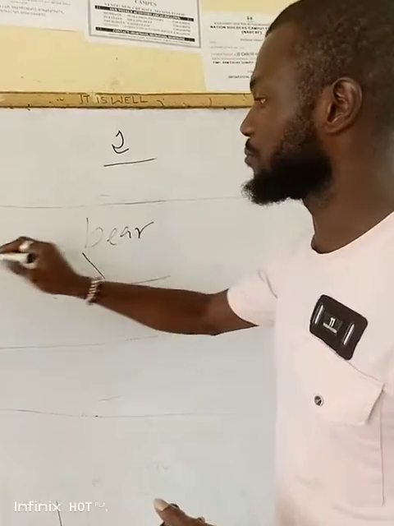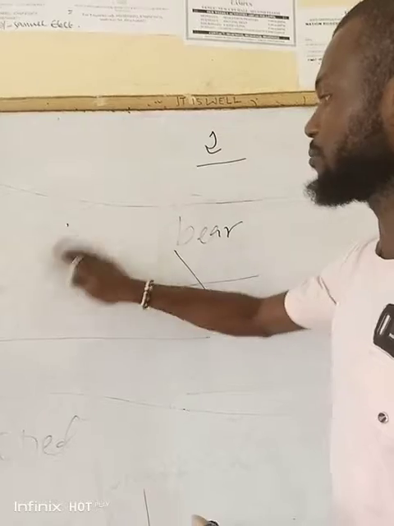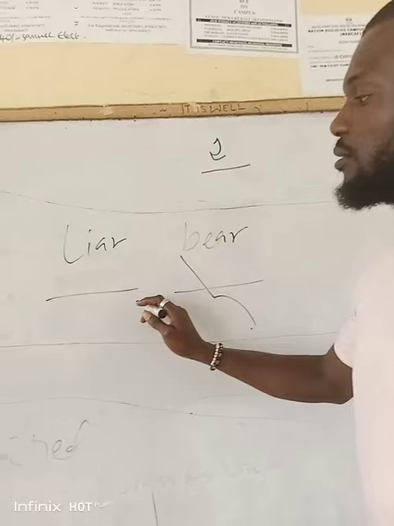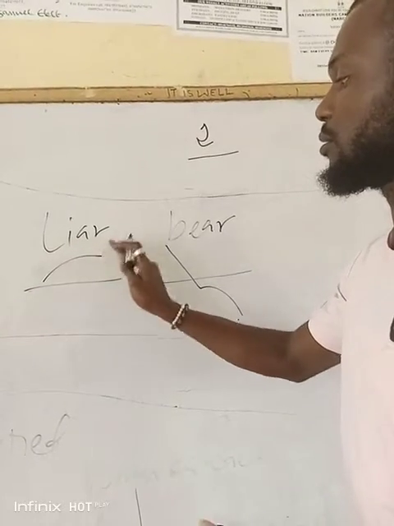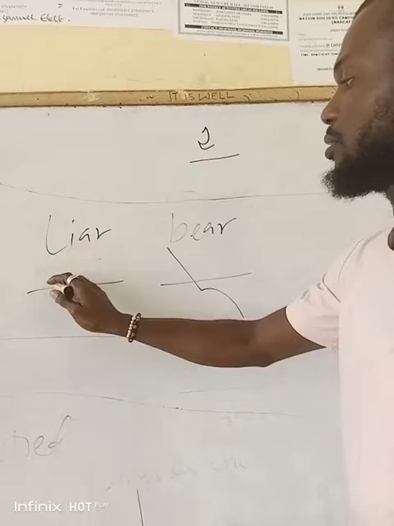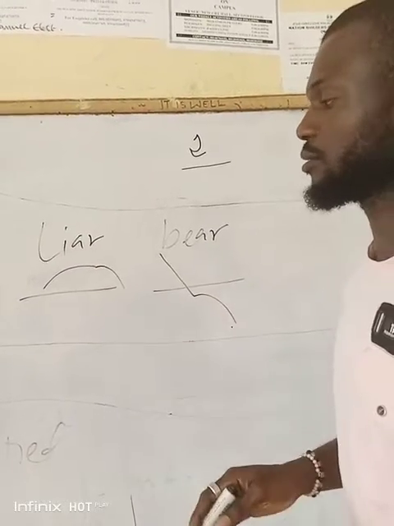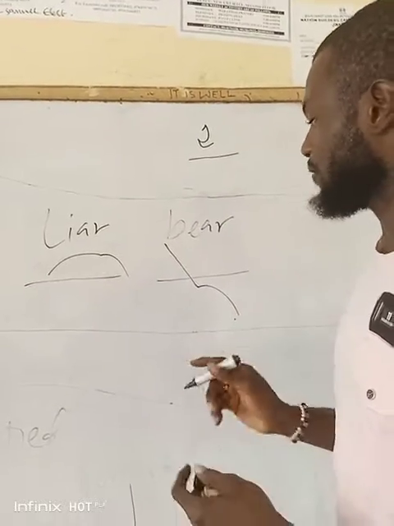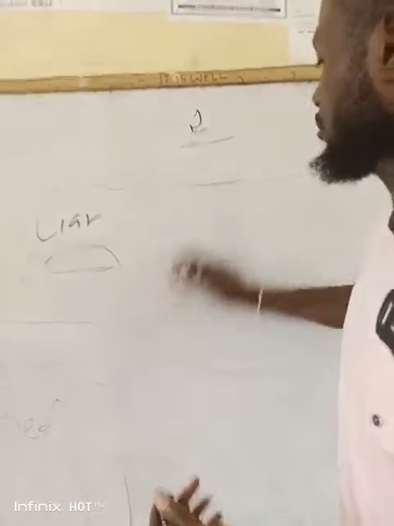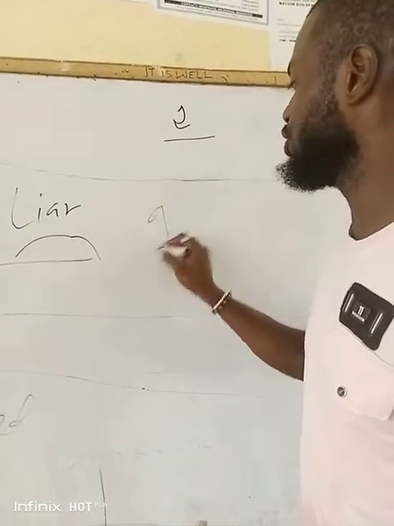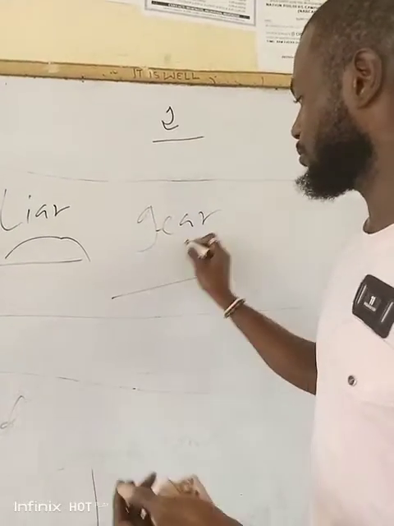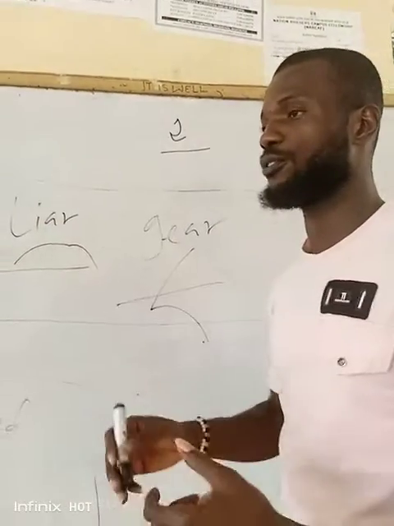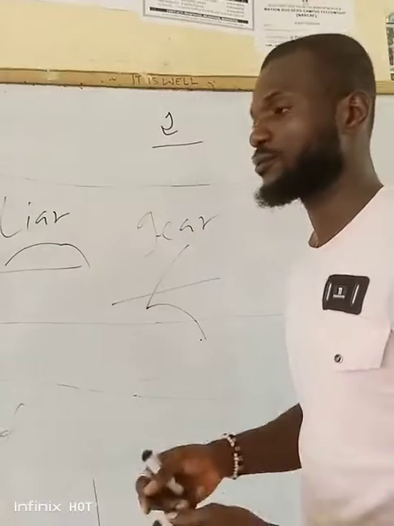You have liar: L and R. And you have another one again. So whenever R ends a word, R goes down.